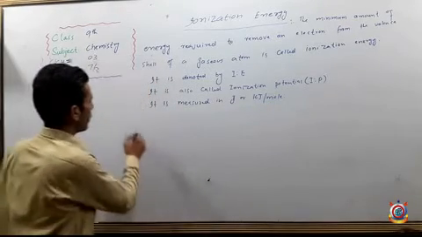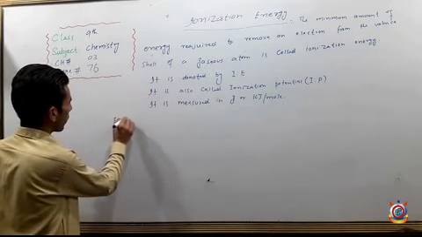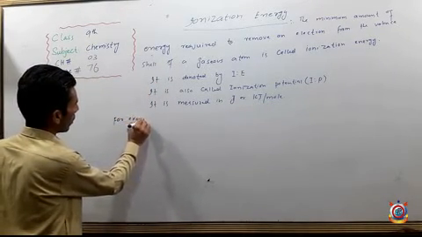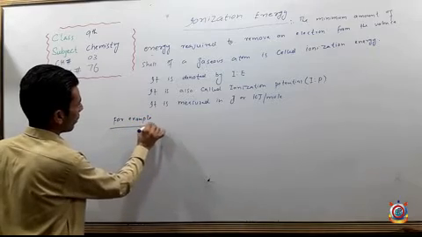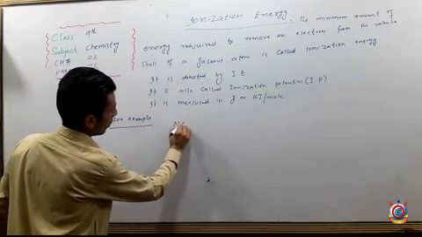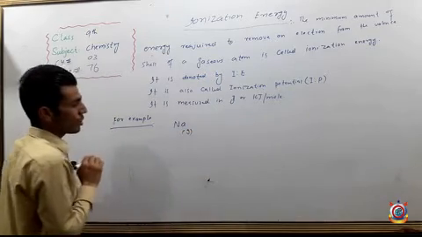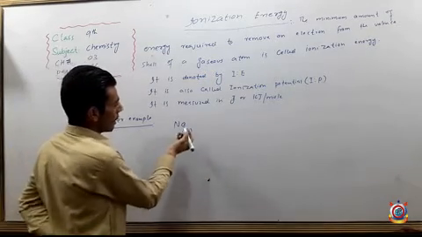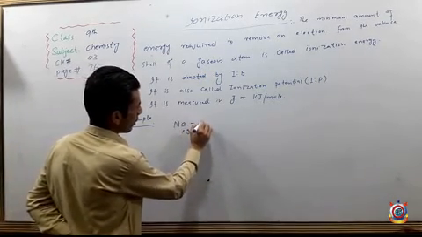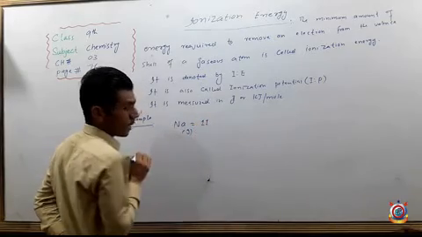For example, gaseous sodium atom, its atomic number is 11.